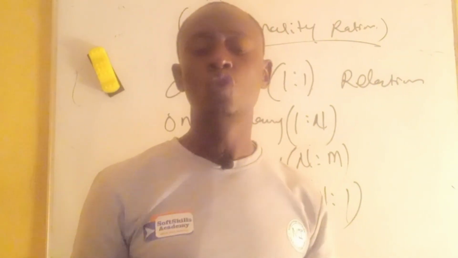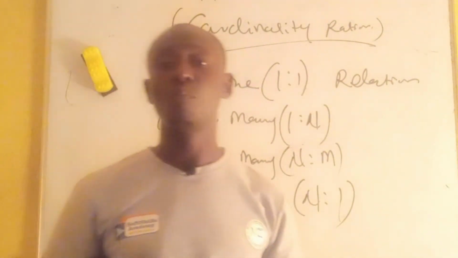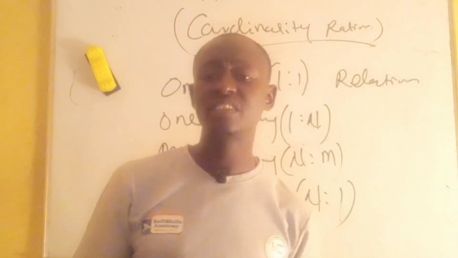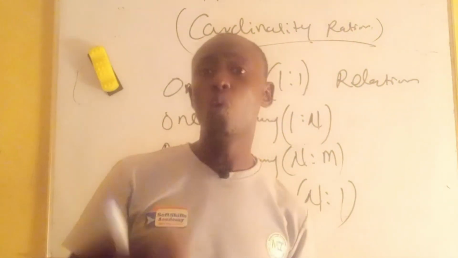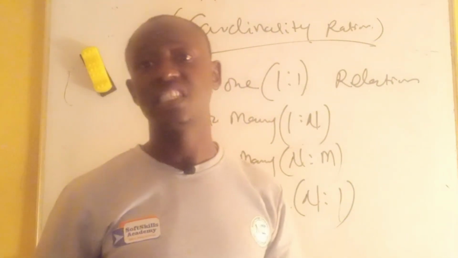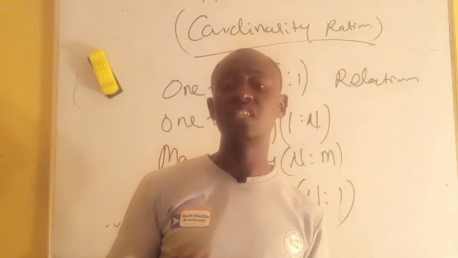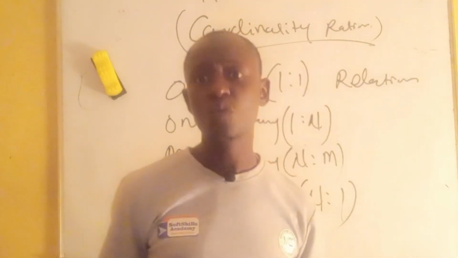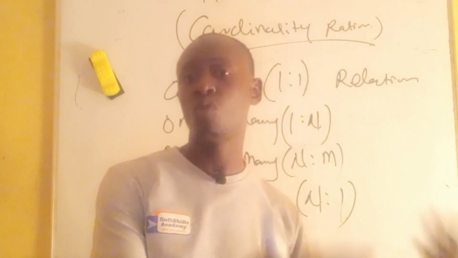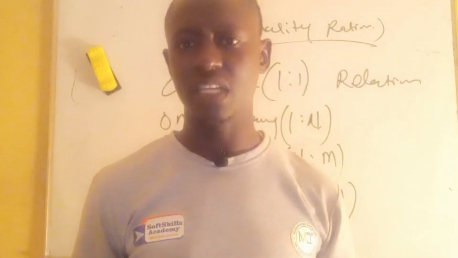Are we together? So we also have what we call many-to-many relationship, meaning that multiple instances of one entity set can be associated with many instances of another entity set in another table. Example, many students can be enrolled in multiple courses, right? So we have many courses in the department.